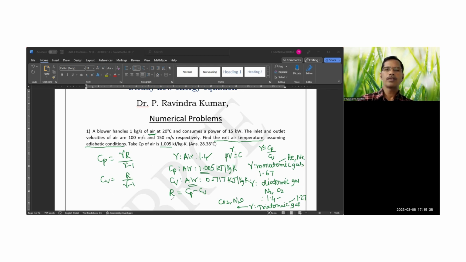Next, the R value is also there. This R value is a standard value. It is 0.287 kilojoule per kg Kelvin.